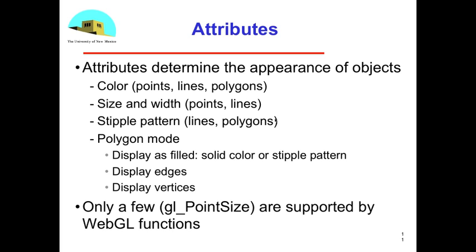These, in older versions of the fixed function pipeline, all had parameters associated with them, or they were features that you could enable. You could enable or disable stippling. You could set the pattern. You could set a flag that would say display the edges or not. The only one you'll probably get into is point size. All the others have been deprecated in modern OpenGL.